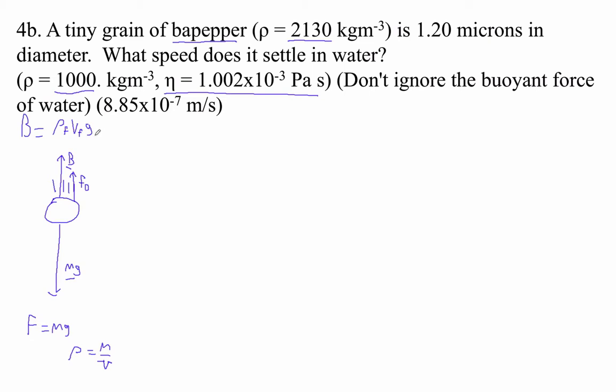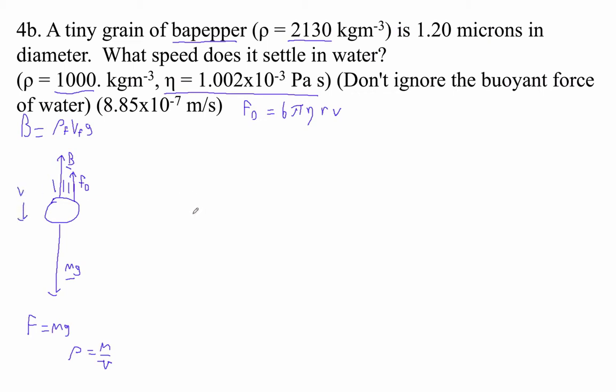And then we're going to use the Stokes equation that the drag force is 6 pi times the viscosity times the radius times the velocity. This is not a volume, this is the velocity, the speed with which it moves down.